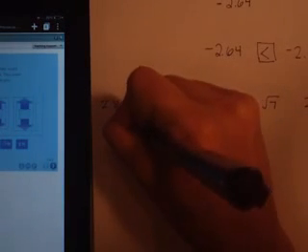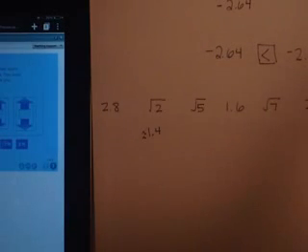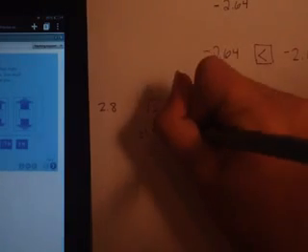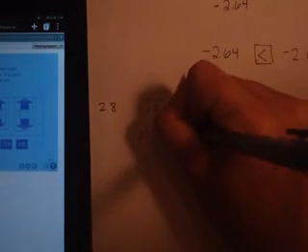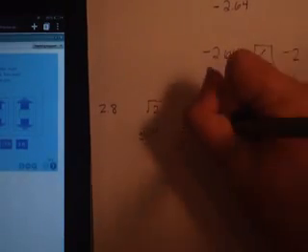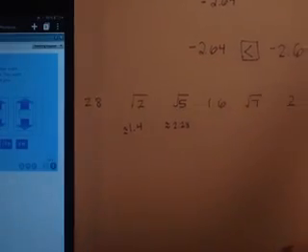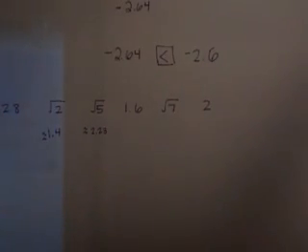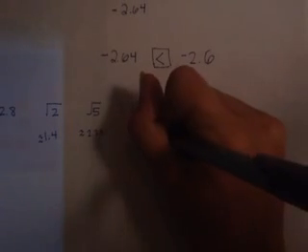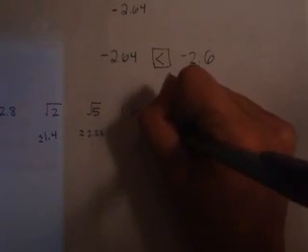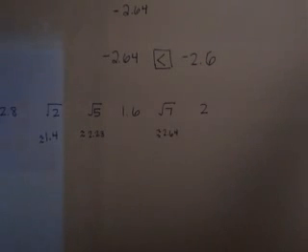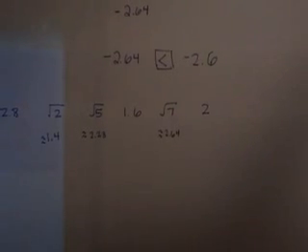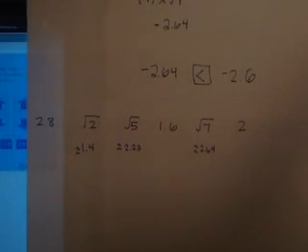So we'll use this approximation sign. And then the square root of 5 is approximately 2.23. 1.6 is already in decimal form, and the square root of 7 is approximately 2.64.